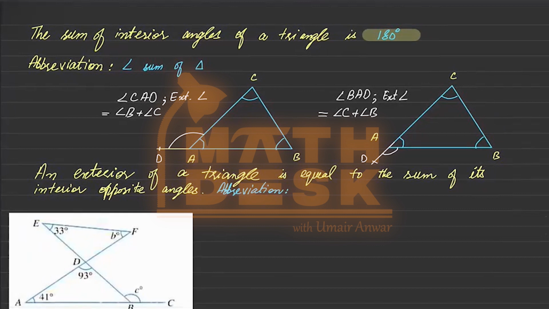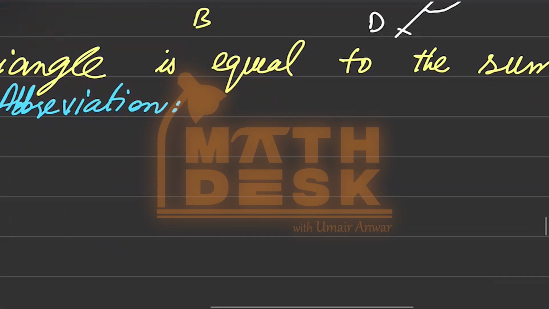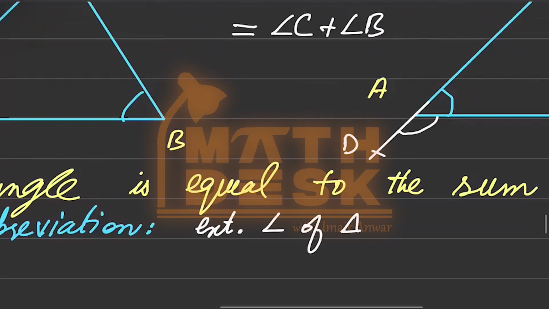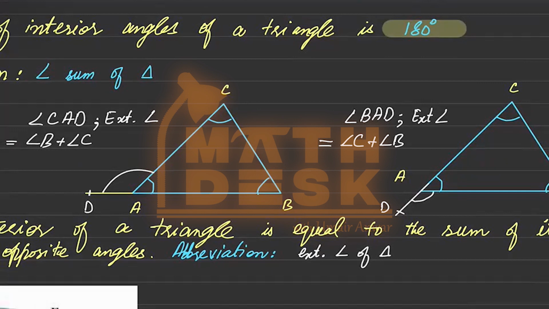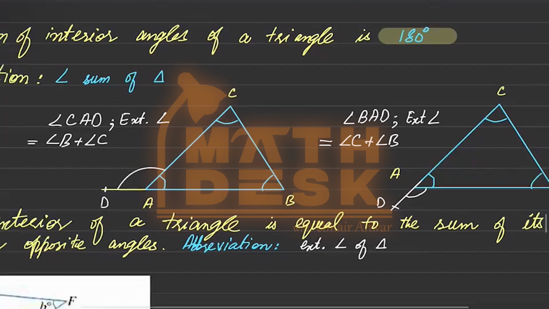interior opposite angles. Now, the abbreviation which is used for this law or this concept is that we write exterior angle of triangle. It refers to the same concept, that one exterior angle is being found out by adding the two interior opposite angles.